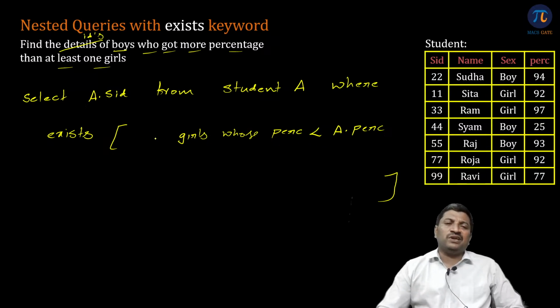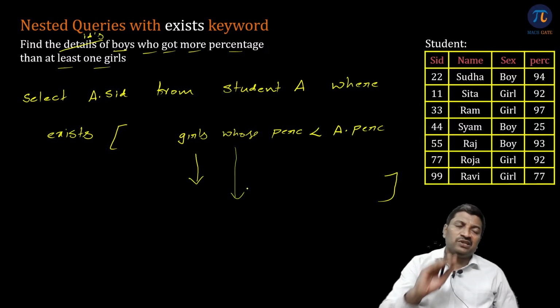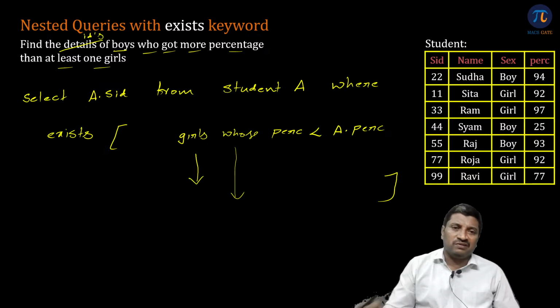Then automatically, if I have some girls, that means this fellow is more intelligent than at least one girl, maybe more than one girl also. Suppose I don't get any girls, what does it mean, sir? All the girls dominated that particular fellow, then I don't need that particular fellow.